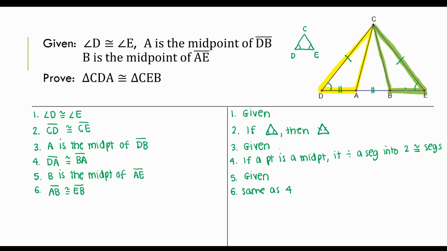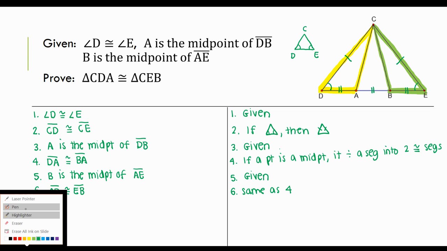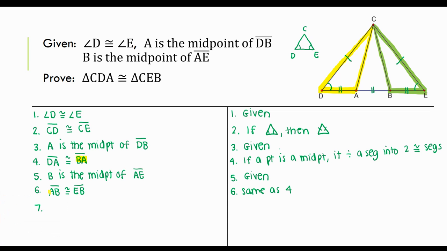That means I get to mark BE or EB with that same set of tick marks. So now if I look at the bottom of that really big triangle, I have 3 segments that are congruent. Notice that I have to state this, because if I look at my proof, BA or AB is seen twice.